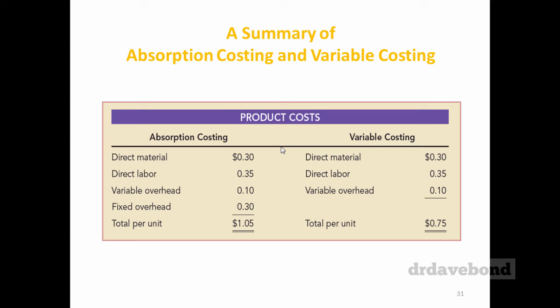But in case you're not, we had a fixed overhead of 30,000. And we had 100,000 units of production. We're allocating that into each of those.